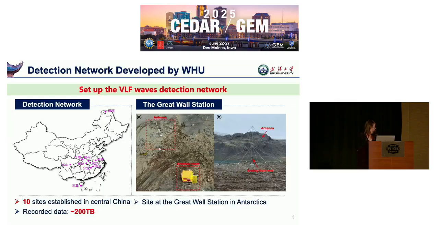We have already set up a very low frequency wave detection network in central China and Antarctica. The data range from 2016 till now, so we have already collected over 200 TB of data.